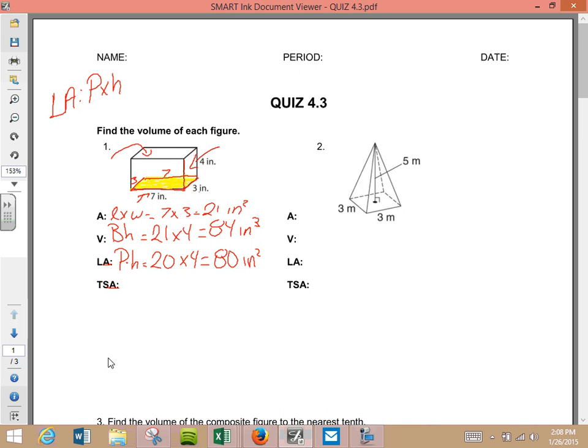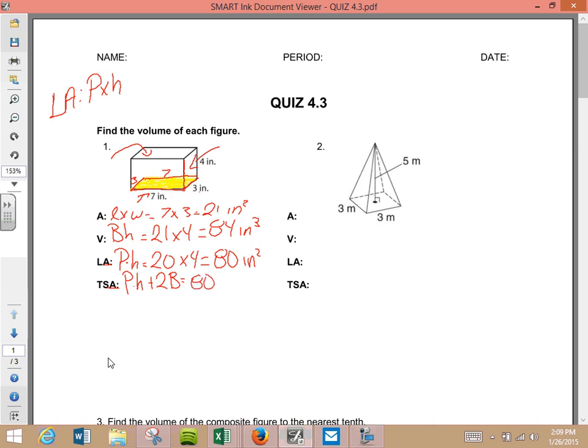But here's the thing, guys. That's the problem with the lateral area, that if you use the base as 3 times 4, your lateral area looks different. But the total surface area should still be the same. So for the total surface area, what is the formula? So we know this already, right?